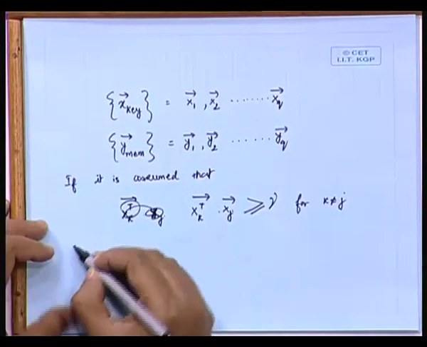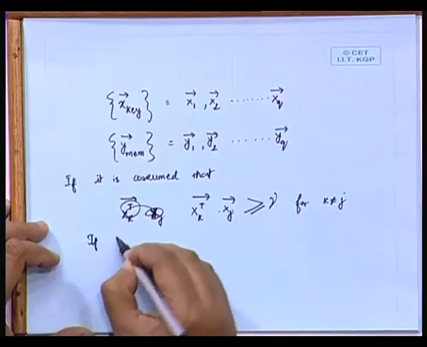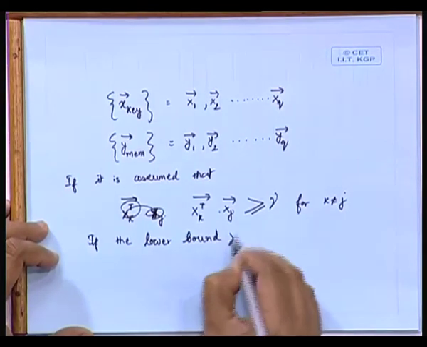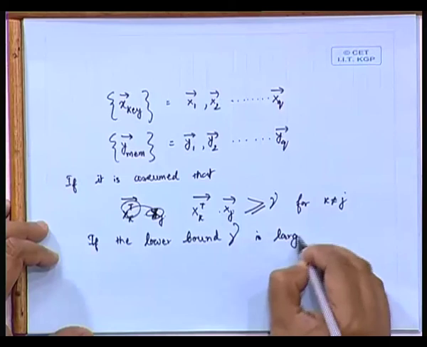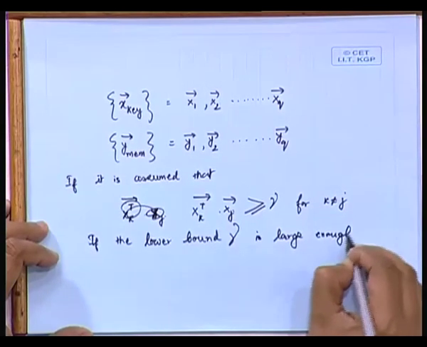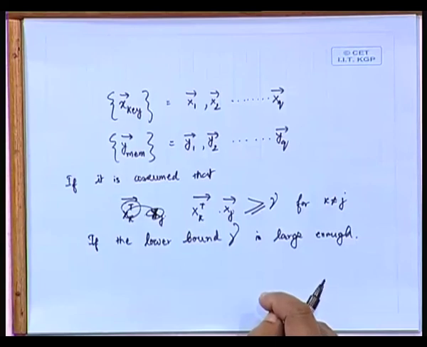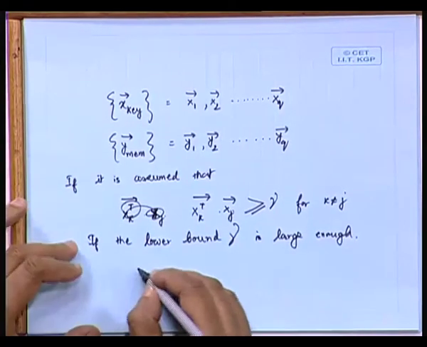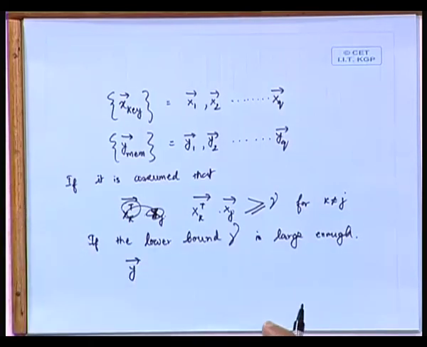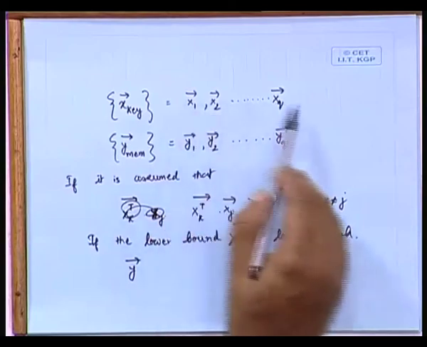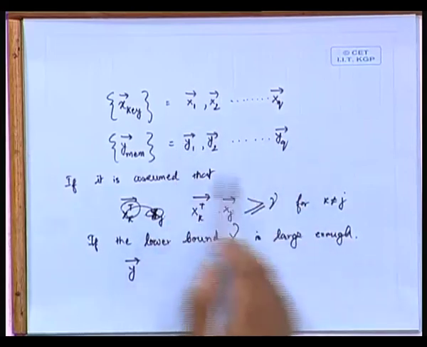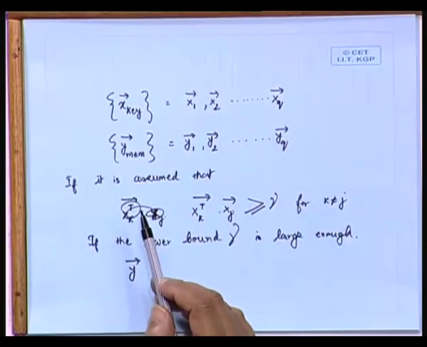If the lower bound gamma is large enough, what can we expect? The response y that we get by feeding any of the key patterns is some response which will not be there in any of the y1 to yq, isn't it?